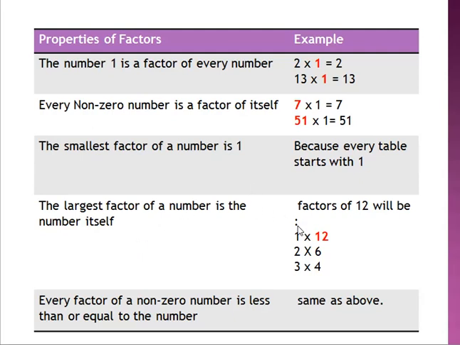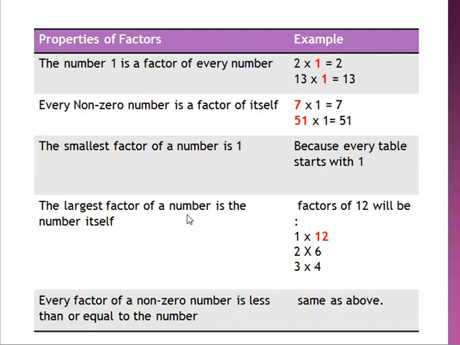For example, the factors of 12 start with 1, 12 ones are 12. Then 2, 6s are 12, 3, 4s are 12, and in reverse, 4, 3s are 12, 6, 2s are 12, and 12 ones are 12. So this is how it comes true.